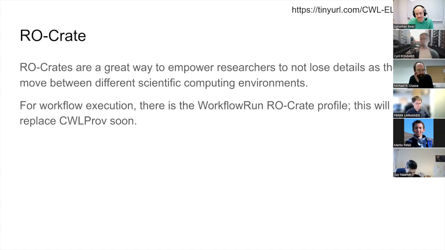We want to put it in an ISA archive, so ISA tab, ISA JSON, whatever. Should we go to CWLProv, which has the advantage of readability for plant researchers, or should we go to WorkflowRun profile, which might be more powerful, but possibly from a very far point of view, more complicated to explain.